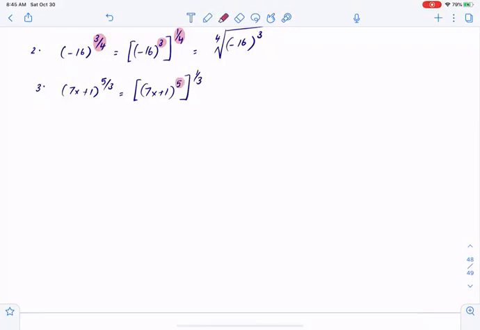The rationale is that if I multiply 5 and 1/3, I'm going to get the 5/3 there. Now I know that 1/3 simply means the third root. And I can simply write 7x plus 1 raised to 5 inside that third root.